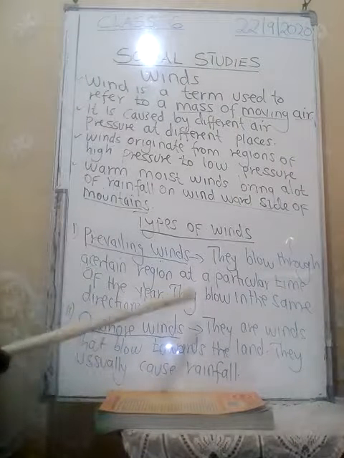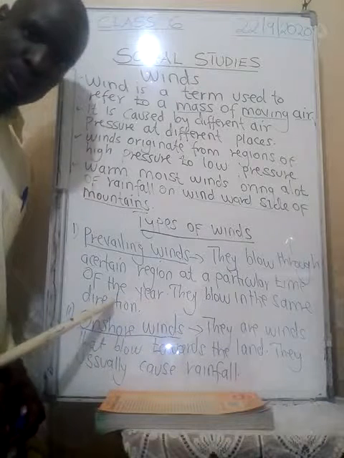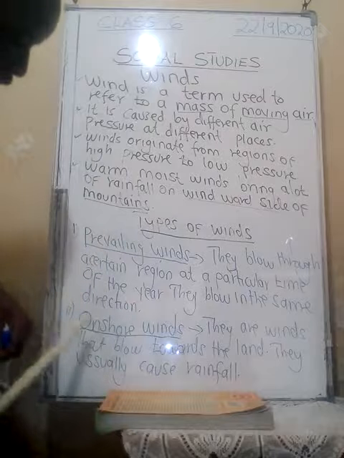That is what we mean by blowing at a certain time of the year. That's very important. We also say that they blow in the same direction. If it's from east to west, it is east-west. They don't change again from west to south. That's why we are calling them prevailing winds.